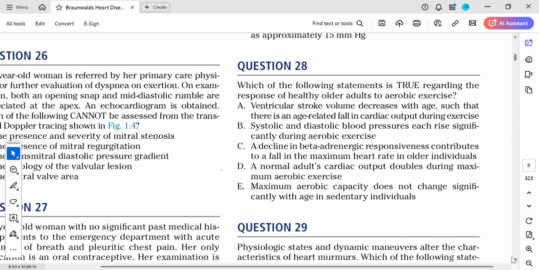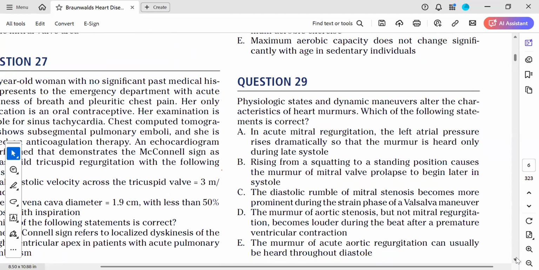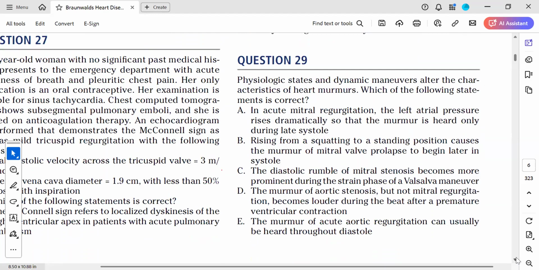In the absence of any questions, I will go to question 29. Now, the physiological states and dynamic maneuvers alter the characteristics of heart murmurs. Which of the following statements is correct?